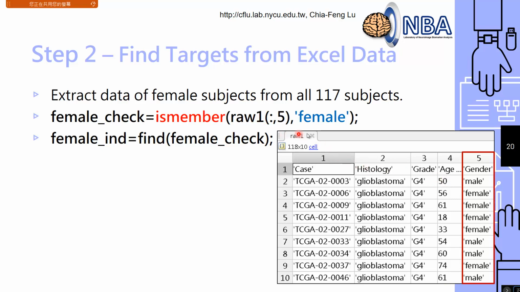Because you can see this is the cropped image of the row 1. The 5th column, 1, 2, 3, 4, 5, the 5th column is gender. So I'm going to ask the ismember function to help me check whether the 5th column of the row 1 is female.